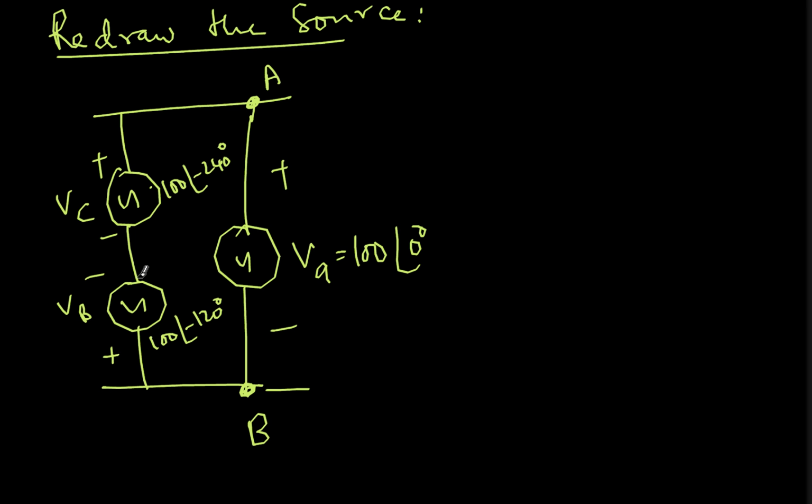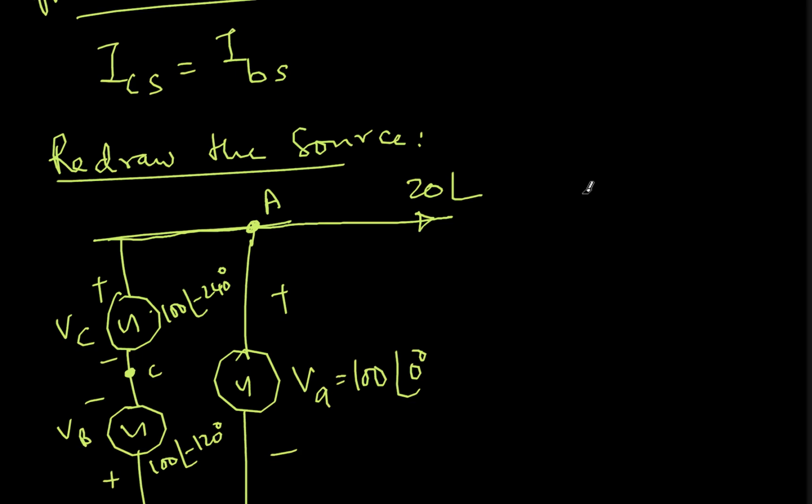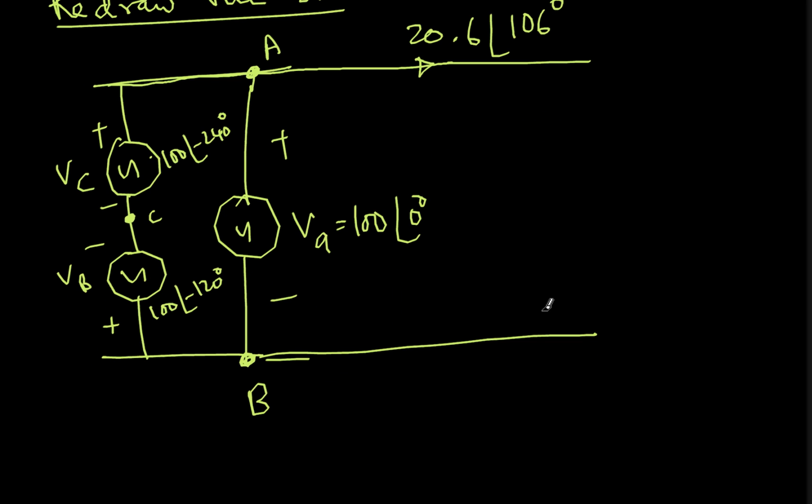And this point is C by the way, so we are not interested in that point now. This current going out is 20.6 angle 106. This is IA.